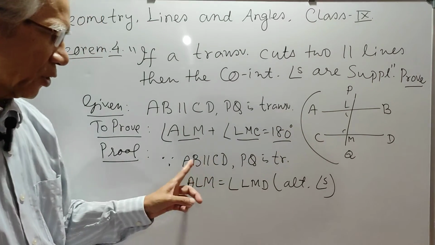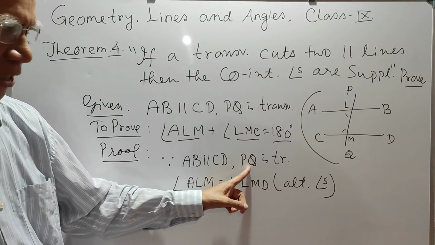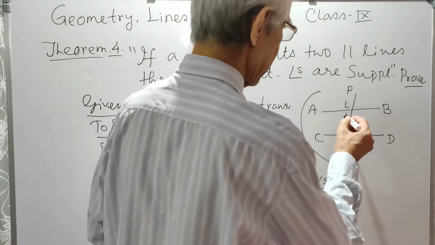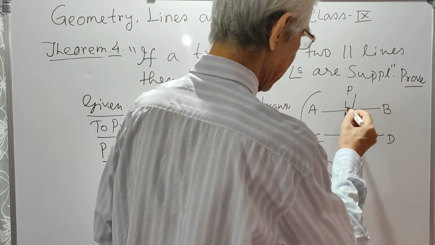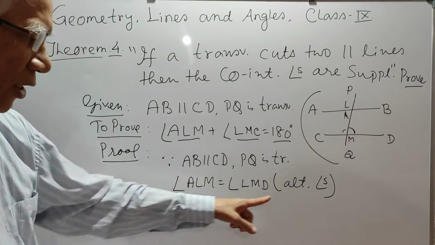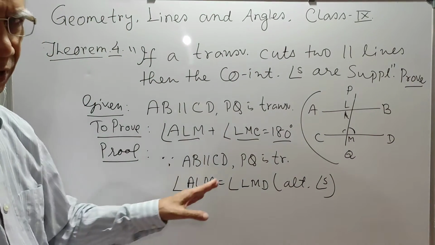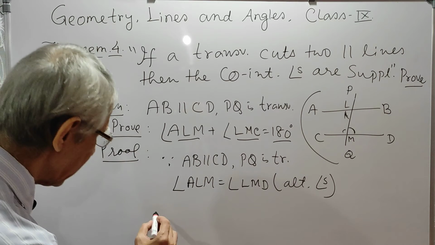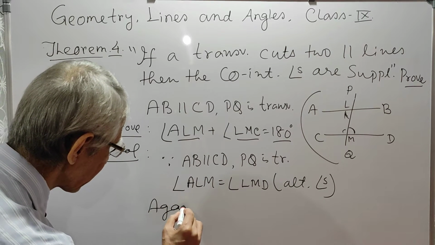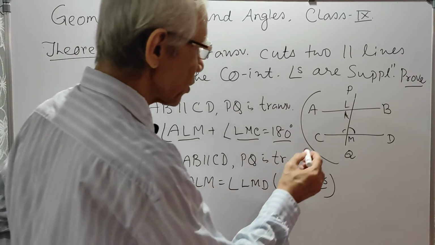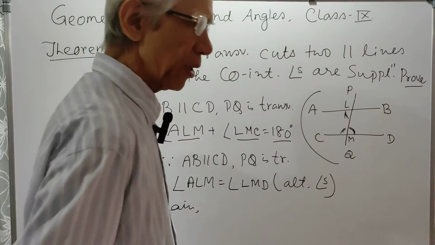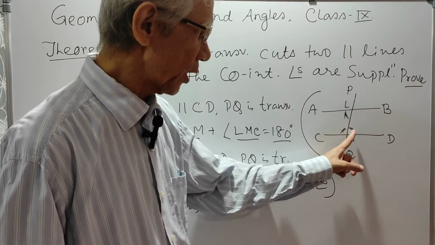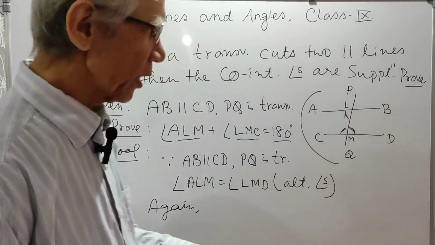Since these two are parallel and PQ is a transversal cutting them at L and M, these two angles are equal. ALM equals LMD. What is the reason? Alternate angles. For every statement in the proof, you have to give a reason if it is not obvious. Again, we know the sum of these two angles is 180 degrees because they are a linear pair.